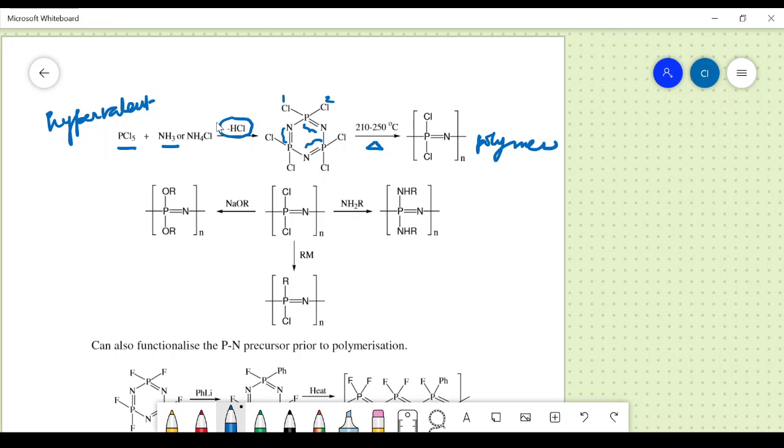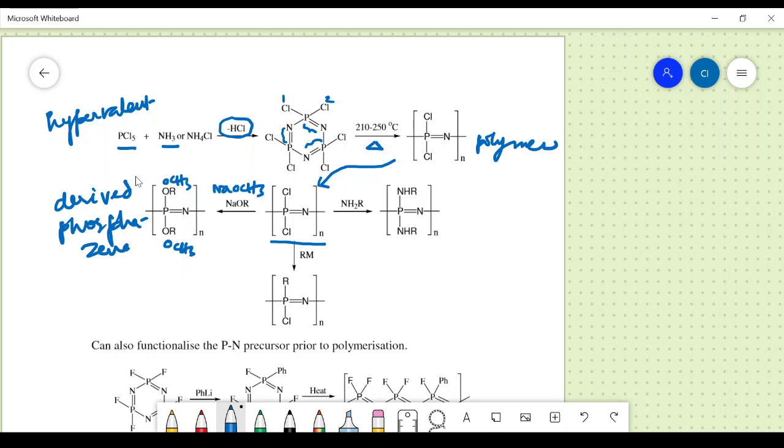And you can see that if you take this, the center of this particular thing, and react it with a compound like NaOCH3, you get a compound with OCH3 and OCH3 here. This is a derived polymer, a derived phosphazene.